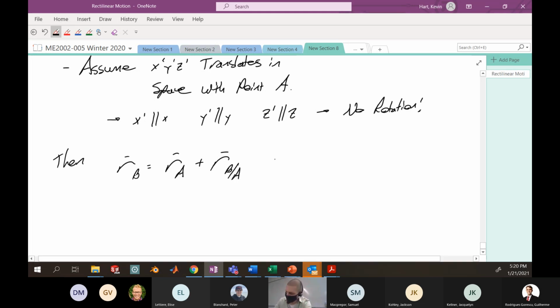Or you might want to rearrange to say that the position vector of B relative to A is going to be the position vector of B minus the position vector of A. This is specific for translating frame only.